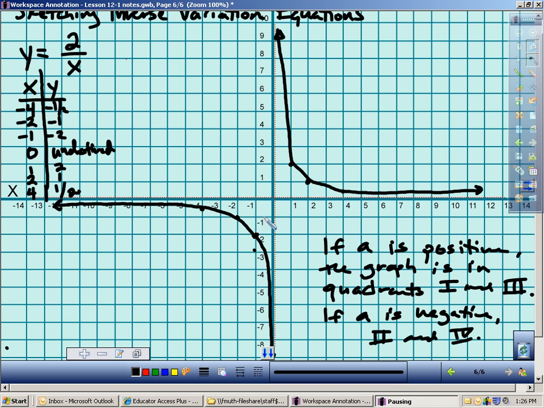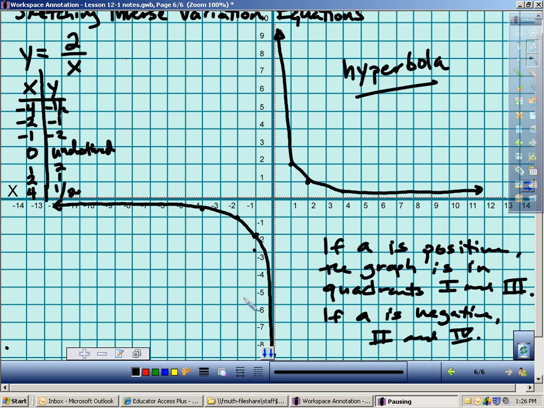This graph is called a hyperbola, okay? A hyperbola is always the kind of graph that you get when you're sketching an inverse variation function. And a hyperbola will always be in quadrants 1 and 3 if my a value is greater than 1. And my hyperbola will be in quadrants 2 and 4 if my a value is less than 1.